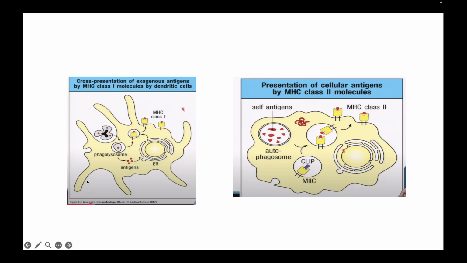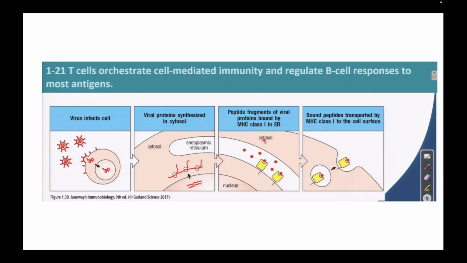This is a cross presentation example where the dendritic cells take part. So this is an extracellular antigen, but it is presented with the help of MHC class 1 molecule, which is called cross presentation by dendritic cells.